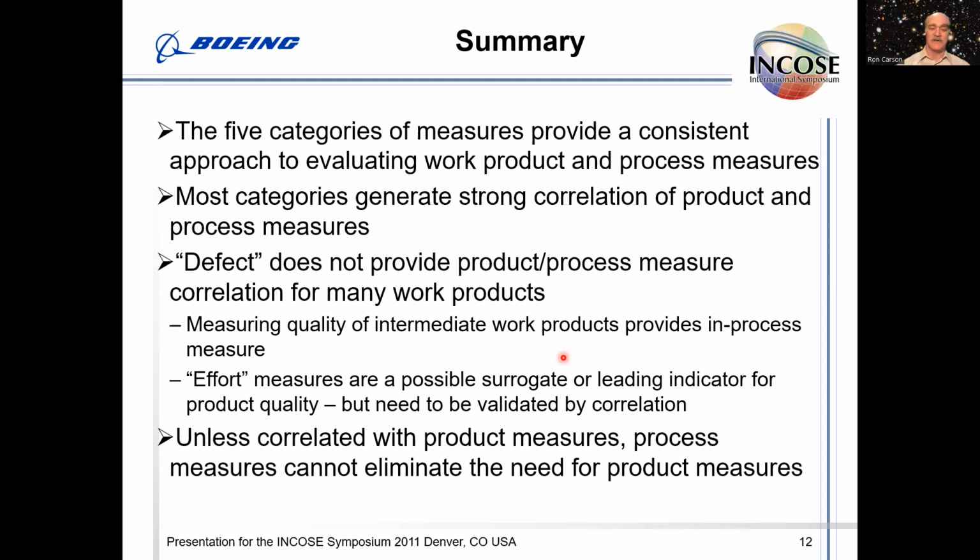And in general, unless you've correlated product measures with the process measures, then we can't eliminate the need for product measures. The hated inspection at the end is still necessary until we have such a strong correlation that we can rely solely on the process measures.